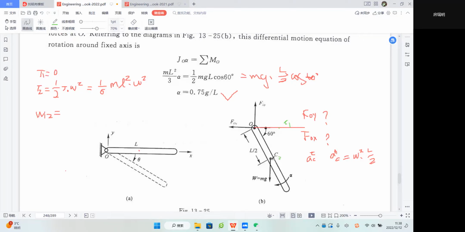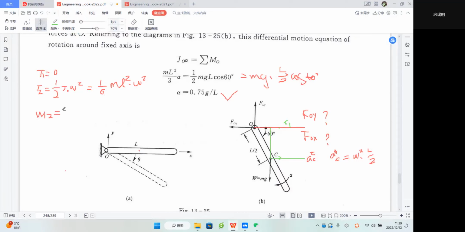We just need to find the vertical distance between these two positions. This part will be half L times sine 60. So that's the work by the gravity force or weight mg.